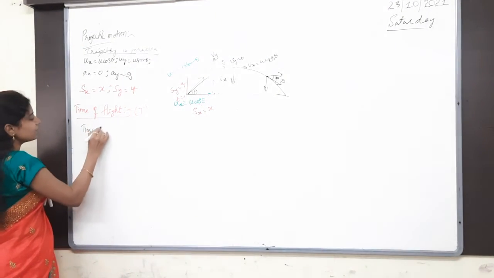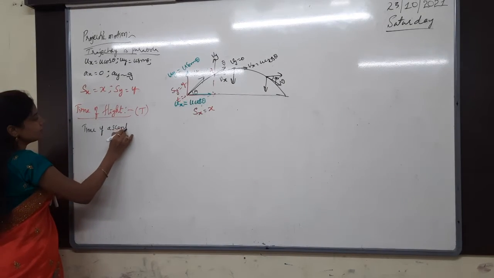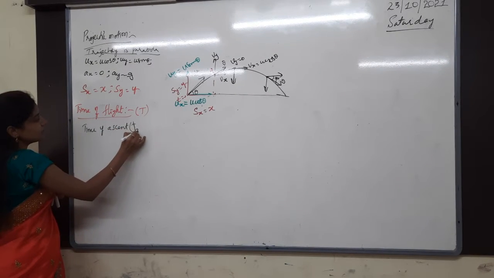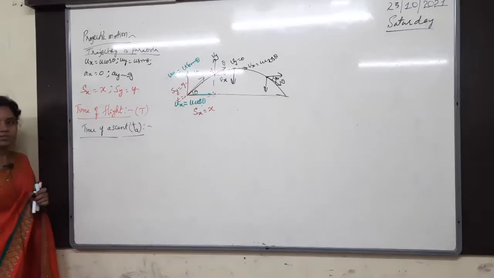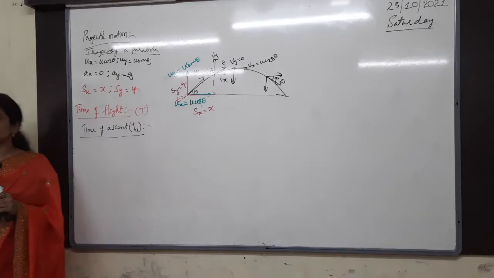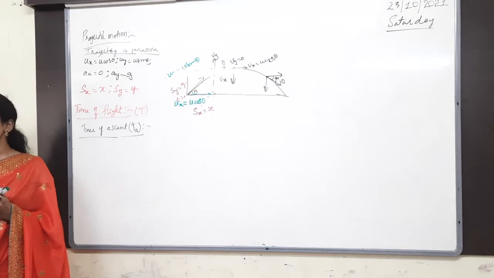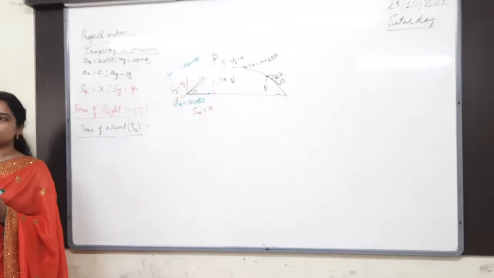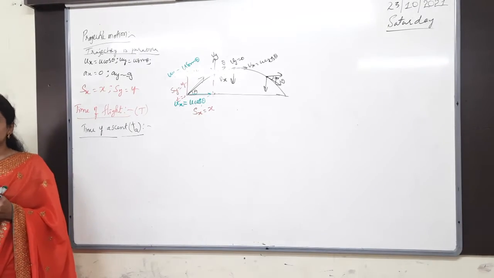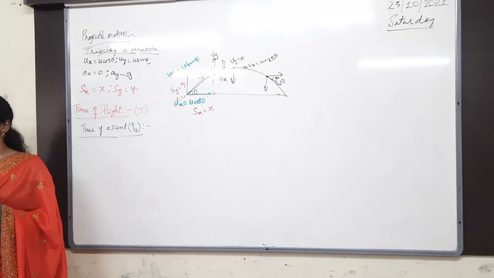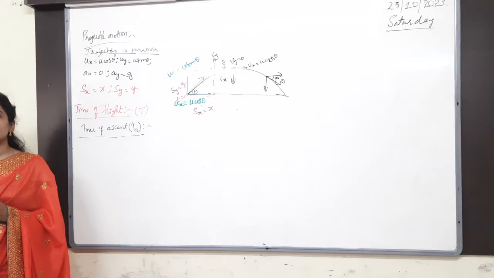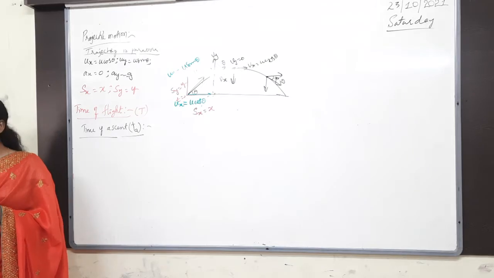What do you mean by time of ascent? This one we have already discussed in the motion under gravity, no? Time of ascent is nothing but the time taken to reach from ground to maximum height, while going in the upward direction. That time we will take as time of ascent. Time of descent is nothing but maximum height to ground.